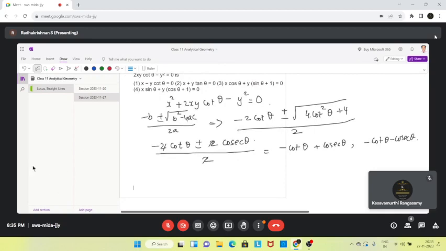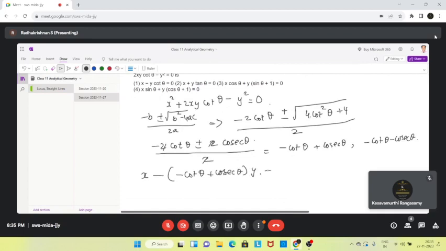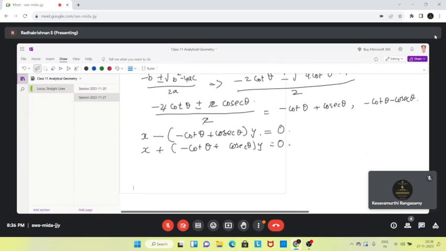That means one of the lines is represented by x minus this, one of the lines. The other line is, okay, so these are the two lines. So one of the lines, let us simplify this expression.